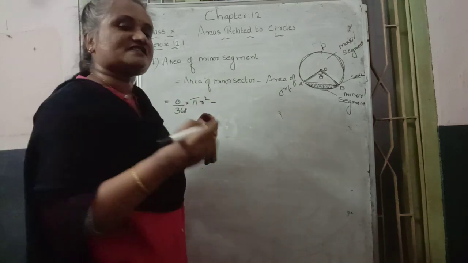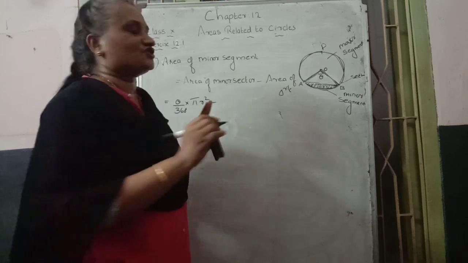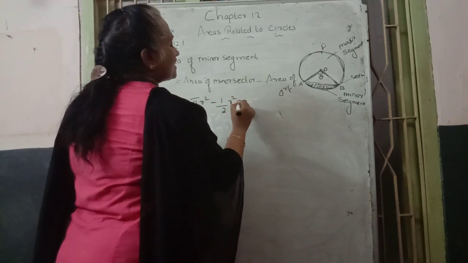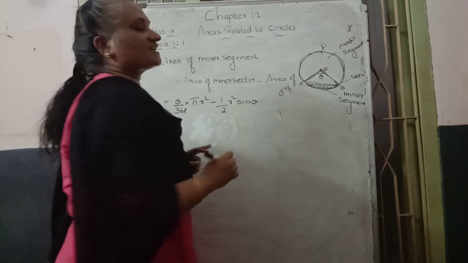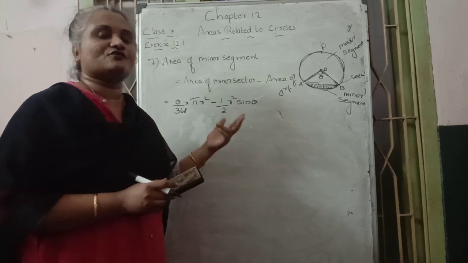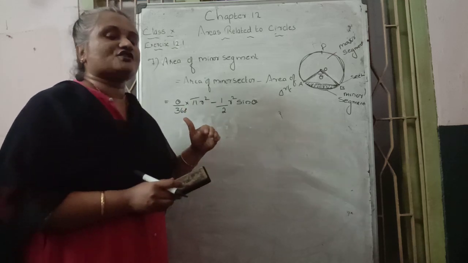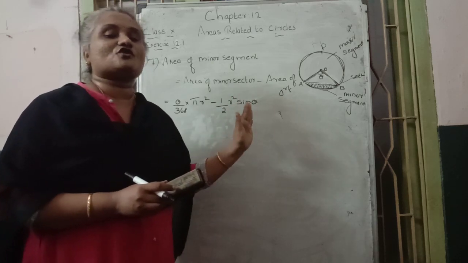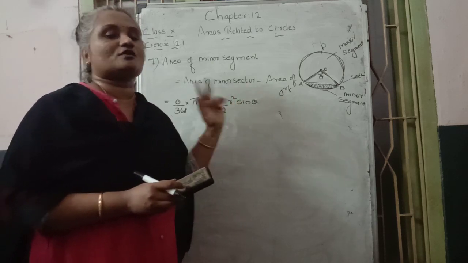Subtract the area of the triangle, which is half into base into height, or another formula, half r square sin theta. To find the area of a triangle, apply either half into base into height or half r square sin theta. You can use any formula.